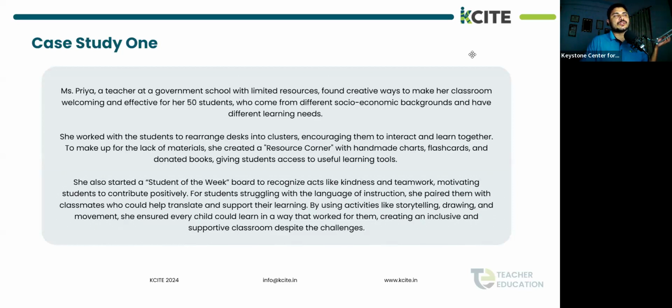She worked with the students to rearrange the desks into different clusters, encouraging them to interact, talk to one another, and learn together. To make up for the lack of materials, she created a resource center in the classroom itself, with handmade charts, flashcards, and books donated by different people, giving students access to useful learning tools. That was the opportunity she created in the classroom.